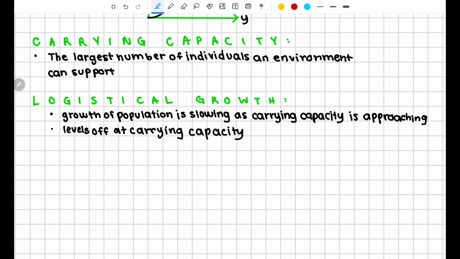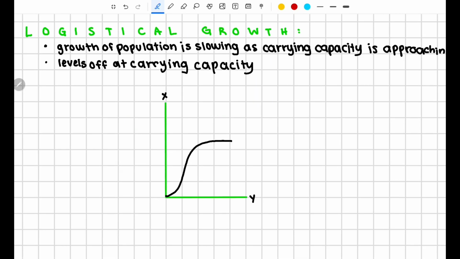So it does level off at the carrying capacity like we talked about, because once that number is reached, the environment cannot support any more individuals and it doesn't have enough resources for them all to survive, or it can lead to competition and many other things that will stop or slow the population growth.